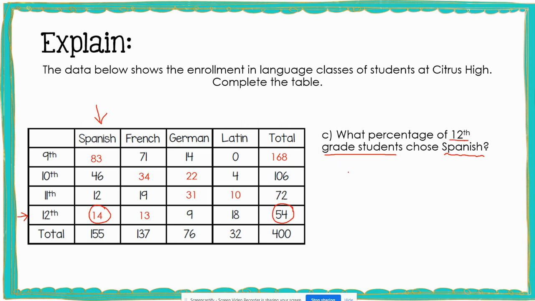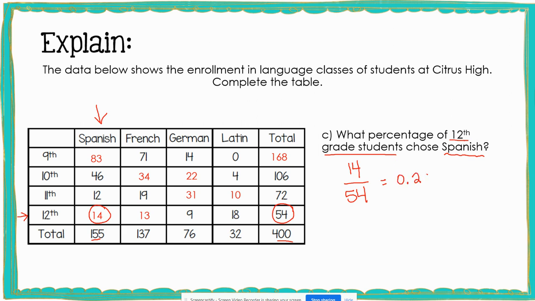So the percentage of 12th graders who chose Spanish is that there are 14 of them out of 54 total 12th graders. If this had asked for just the percentage of students who chose Spanish overall, then you would have done 155 over 400. But you have to be careful because this was specifically talking about 12th grade students. Now, when I divide 14 by 54, you'll notice that we actually get a repeating decimal.